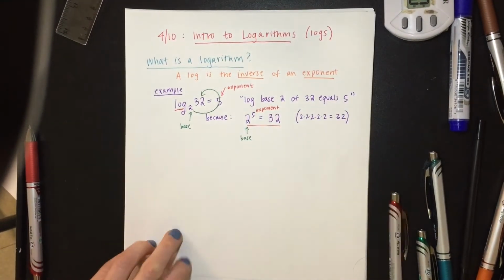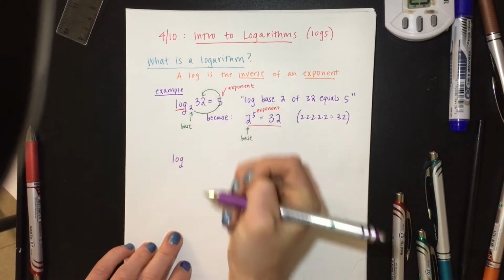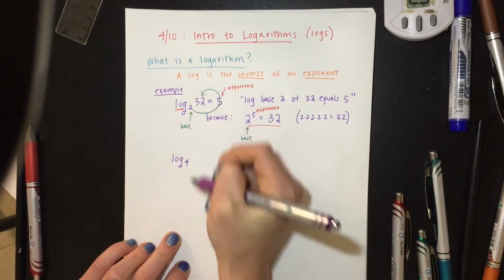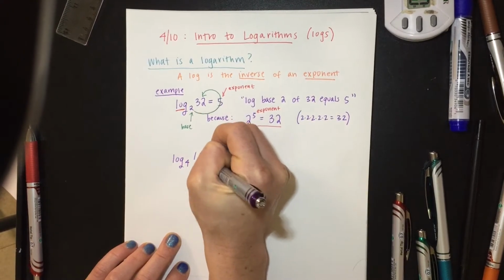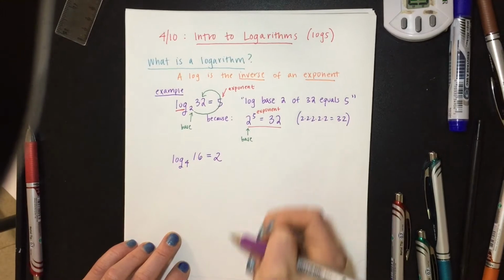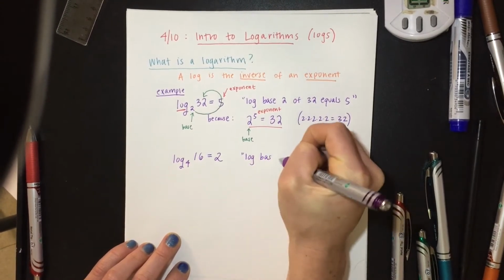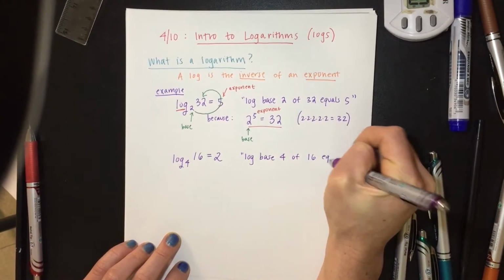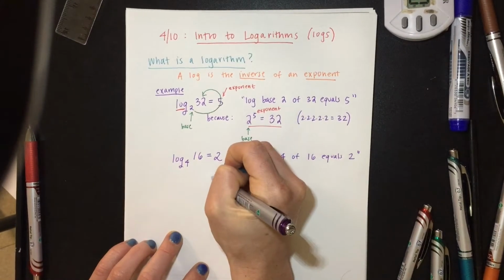Here's another example. Log base 4 of 16 equals 2. The way we say that is log base 4 of 16 equals 2. Why?